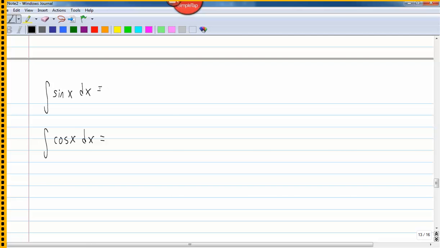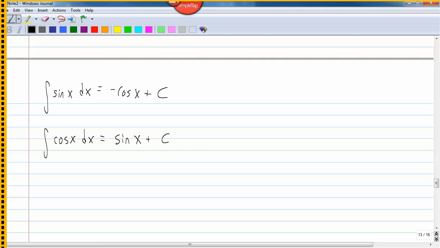We said the integral of sine of x is negative cosine of x plus c, and the integral of cosine of x is sine of x plus c. But for some reason, way back at the very beginning of maybe the previous chapter, we didn't go over the integral of any other trig functions unless they were the derivative of a trig function.